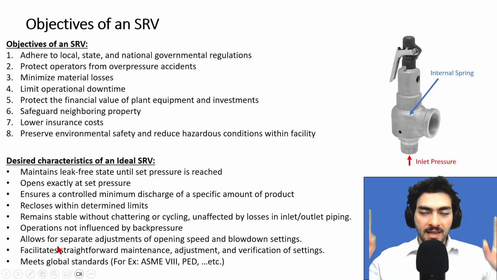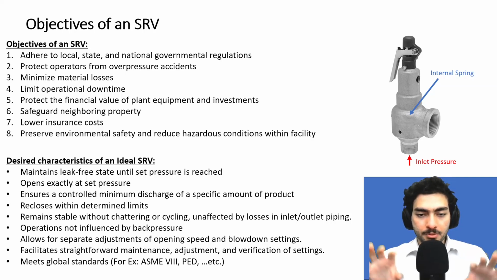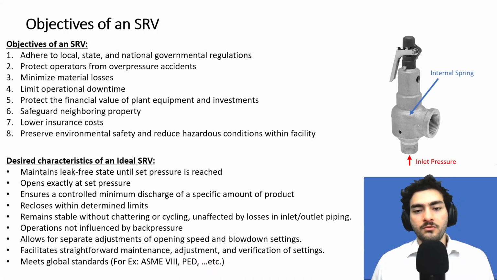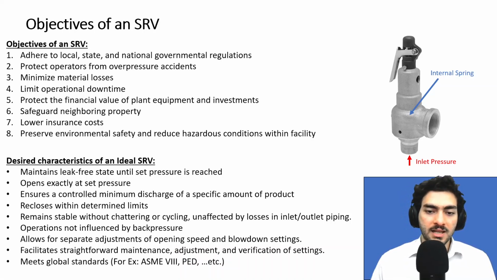And you want the ideal safety relief valve to allow for adjustment of the opening speed and blowdown settings separately, but you'll always find a compromise. I'll talk about blowdown in detail, but you can think about blowdown as the closing pressure of the valve.